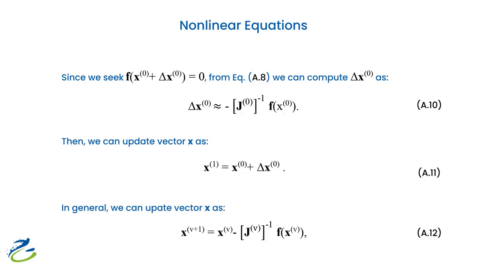We can update vector x as x1 equals x naught plus delta x naught. In general, we can update vector x as x nu plus 1 is equal to x nu minus J nu minus 1 f of x nu, where nu is the iteration number.